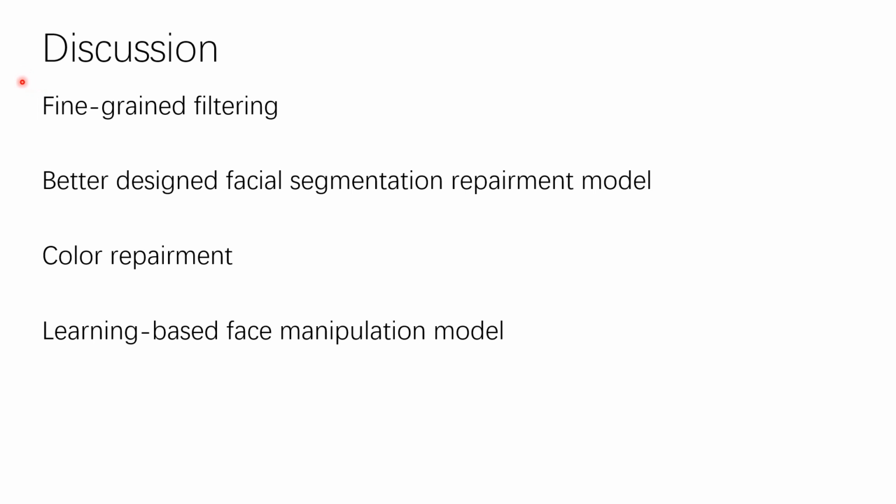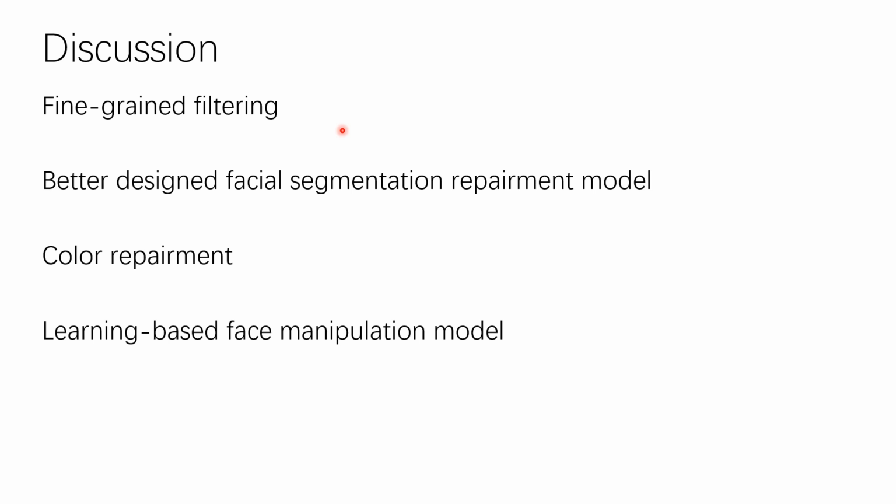Finally, I have some discussion about my project here. The first one is fine-grained filtering. As I mentioned, for the facial image manipulation part, I use some basic vision skills, and I haven't really designed a very specific filter for that part.